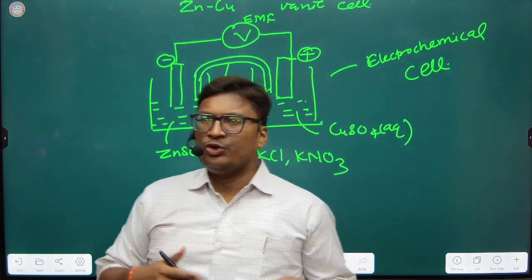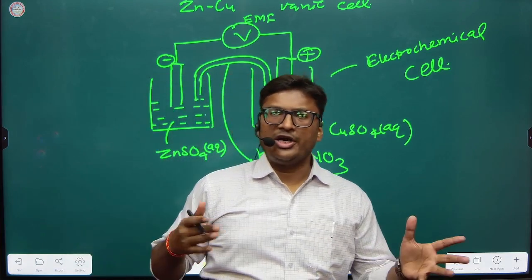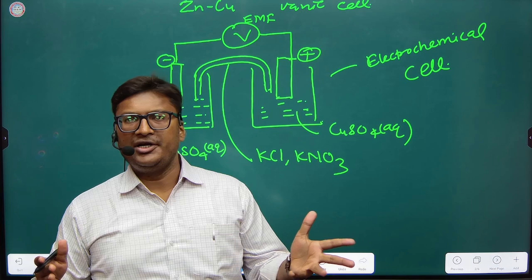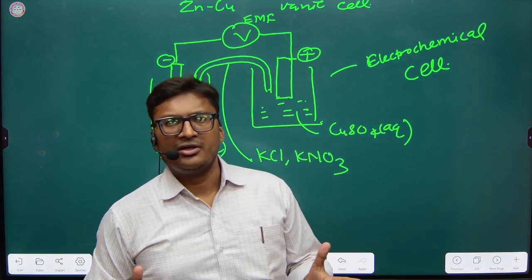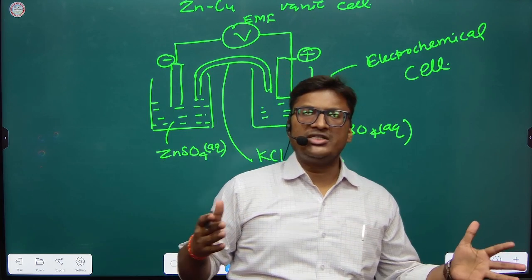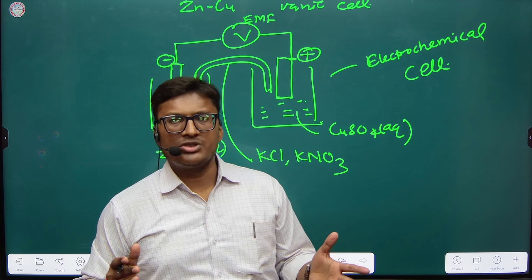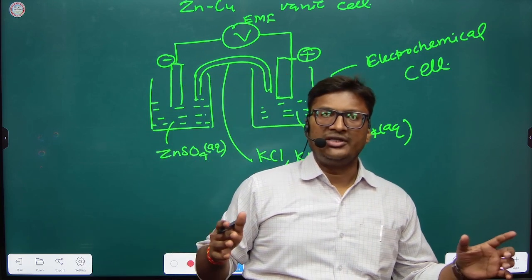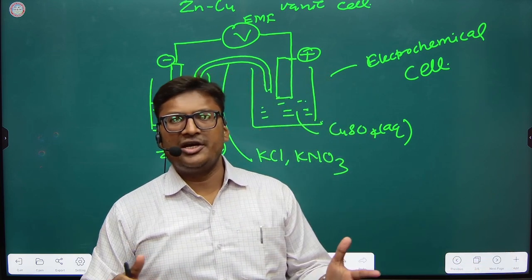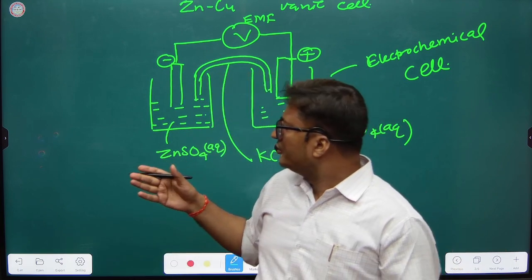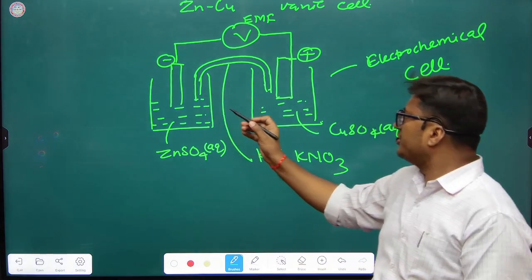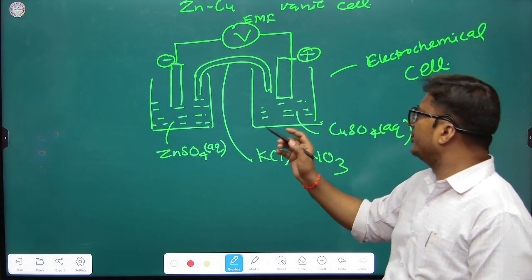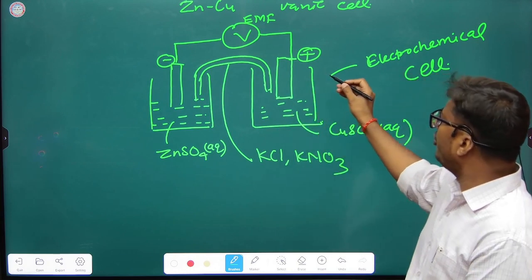So as you know, once the two electrodes are dipped in a particular salt solution, if there is a potential difference between these two electrodes, then it starts electrochemical reactions. As you know, anode is responsible for oxidation and cathode is responsible for reduction.